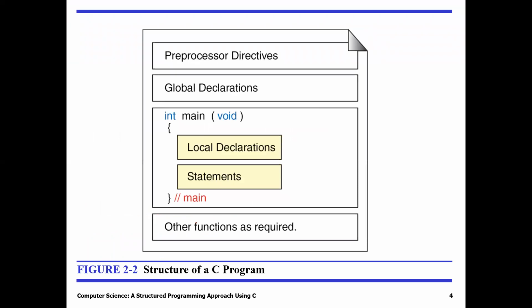So this is the structure of a C program, how it looks. The first line is always the preprocessor directives. Each C program should start with preprocessor directives. What is meant by preprocessor directives? Preprocessors mean some code has already been written and stored in one form.